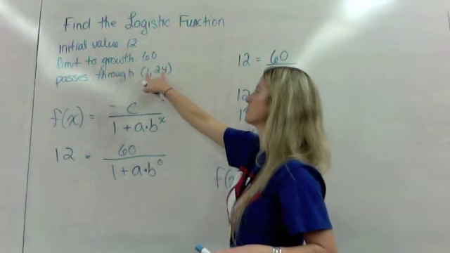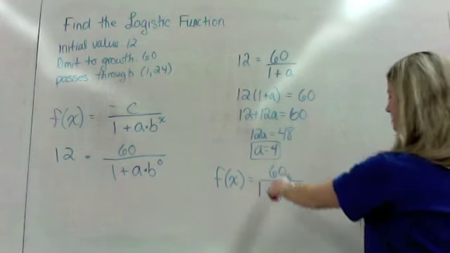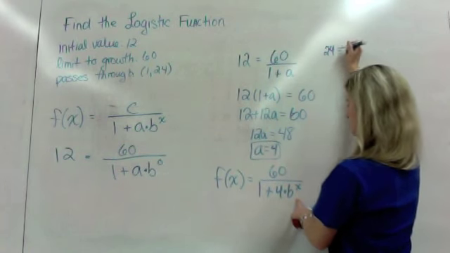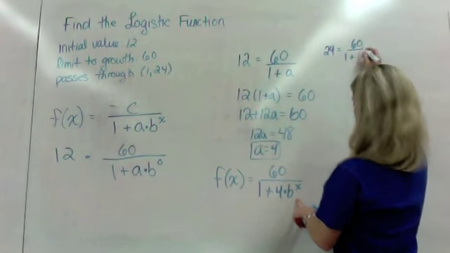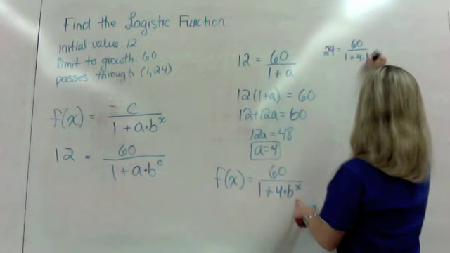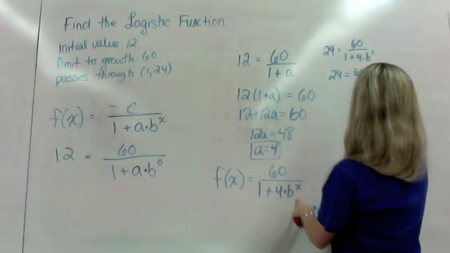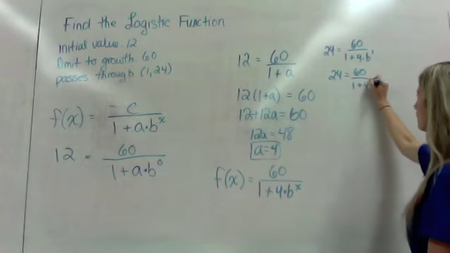So if we know that it goes through (1, 24), we can do the same thing. And what we're going to say now is that 24 equals 60 divided by 1 plus 4 times b to the first. So then this becomes 24 equals 60 over 1 plus what? 4b.